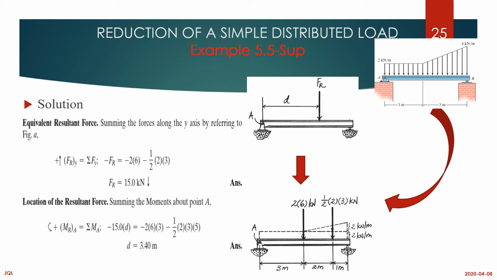Once you have those two forces, summation of forces in the y, you're going to have that FR should be equal to 2 times 6 minus half. Then you're going to find that. The location, we do the same. We get a moment about A.